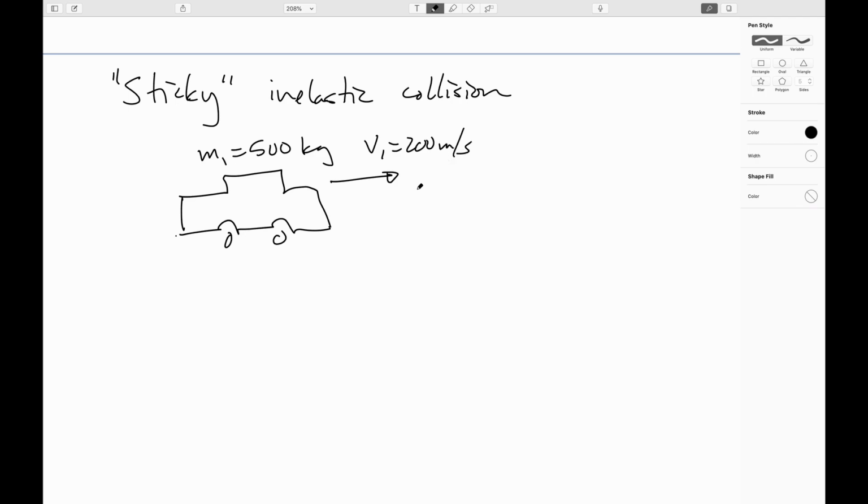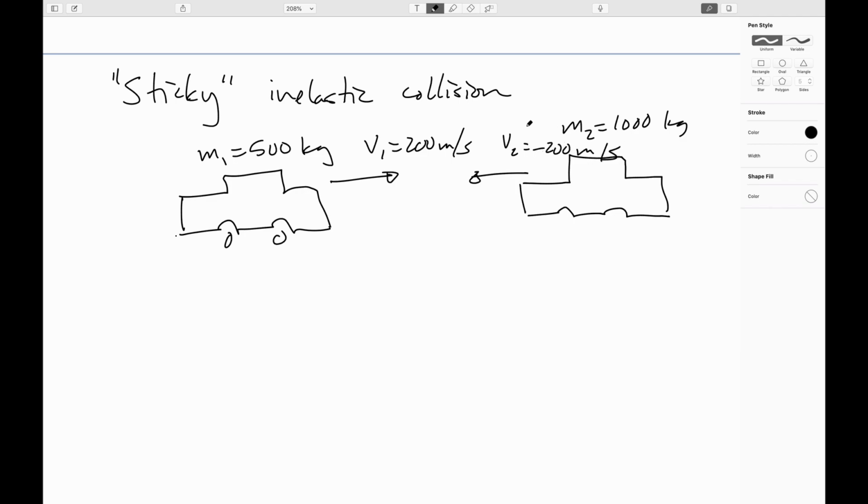Hey, that is race car kind of speed, so it could happen. And then let's say it gets into a head-on collision with a much more massive car. Let's say this one has a mass of 1,000 kilograms. And let's say it's also going at 200 meters per second.